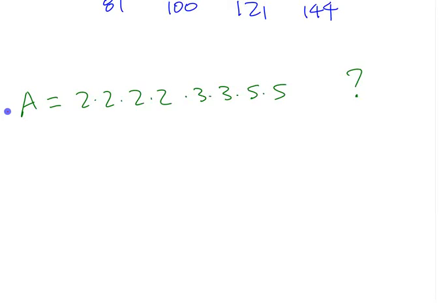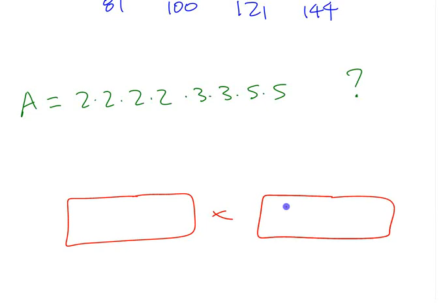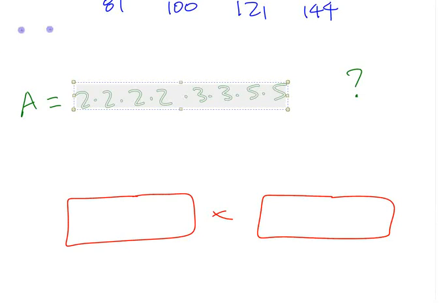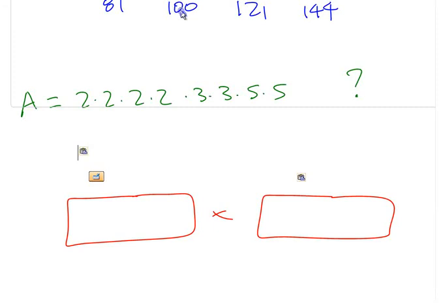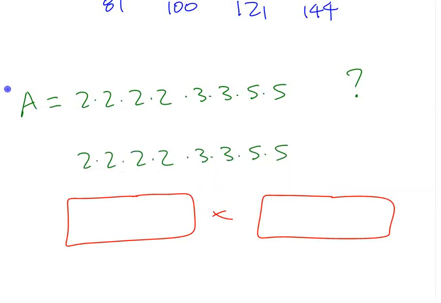If it's a perfect square, we have to be able to say it's something times itself, right? It has to be something times itself to be a perfect square. If you look at what the factors are, you can group them evenly, right? I'm going to copy, and then paste this again because I want to be able to work with them here. So there's my numbers.